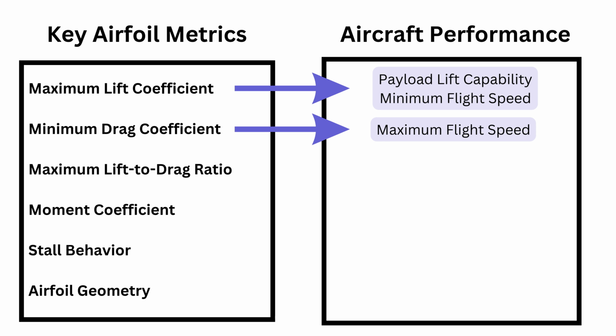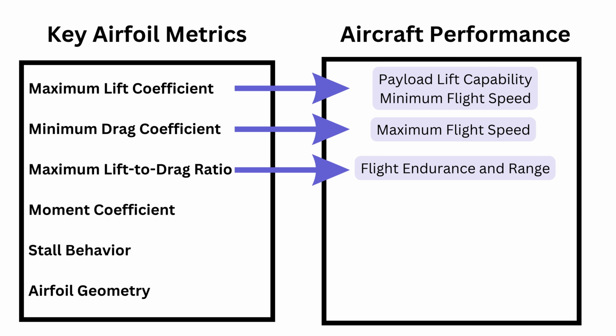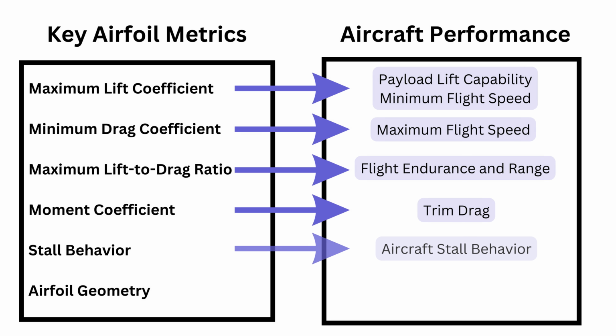The maximum lift-to-drag ratio measures the aerodynamic efficiency of the airfoil. Higher L/D max will increase the aircraft's flight range and endurance, as well as improve its glide ratio. The moment coefficient measures the magnitude of the pitching moment and therefore the amount of trim drag needed for the airfoil. The shape of the stall curve indicates how predictable a stall is.